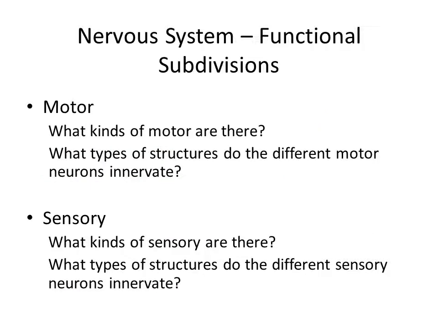The nervous system can also be broken up into functional subdivisions. It can be functionally divided into the motor and sensory systems. Thinking back to your anatomy, what kinds of motor are there? And what types of structures do the different types of motor neurons innervate? Similarly for sensory, what kinds of sensory neurons are there? And what type of structures do these different sensory neurons innervate?